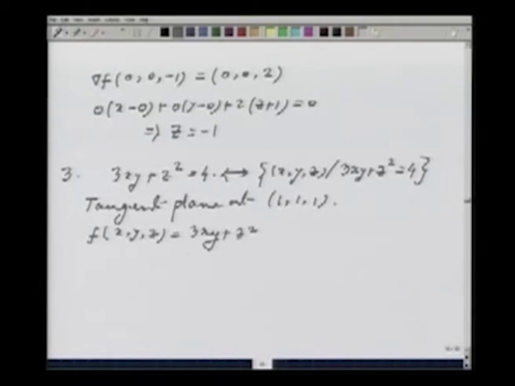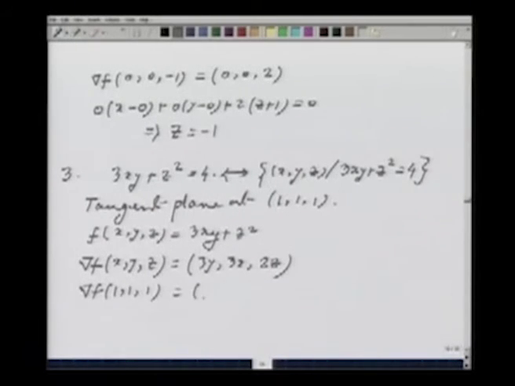So if I calculate grad f at x, y, z, that is 3y, 3x, 2z. So at the point 1, 1, 1, what I get is 3, 3, 2.